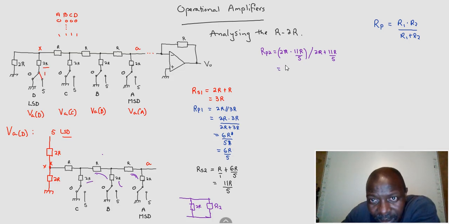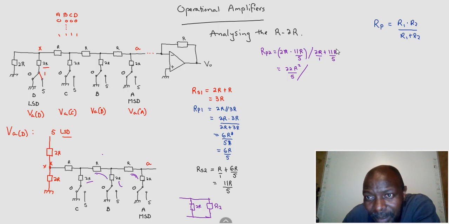This is a simple product. 2 times that is going to be 22. R times R is R squared, all over 5, divided by that fraction there. If I change this to 5, I must multiply that by 5.